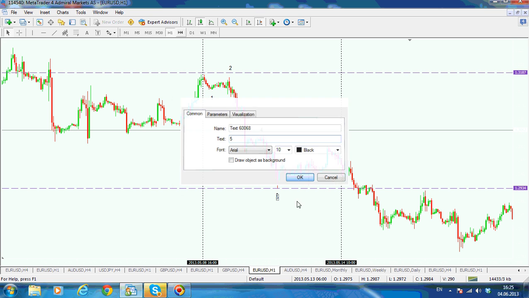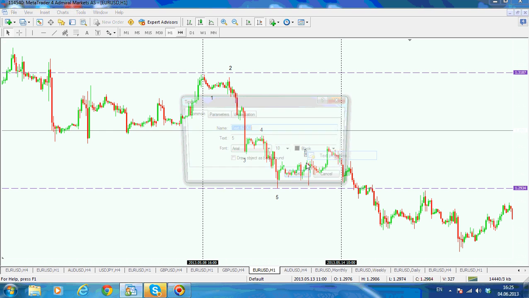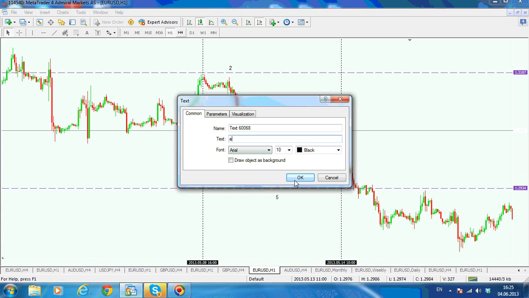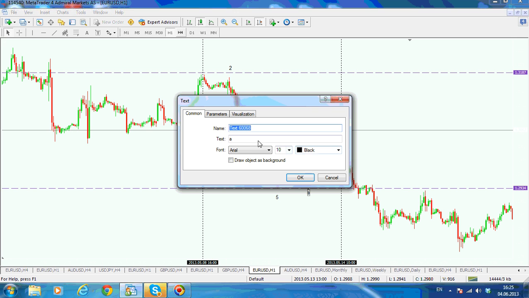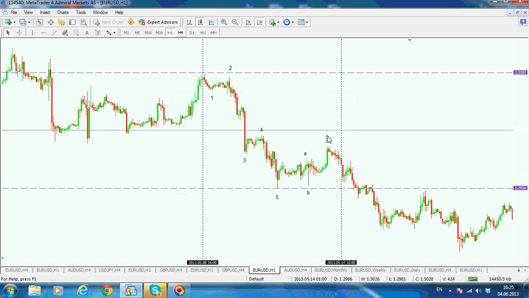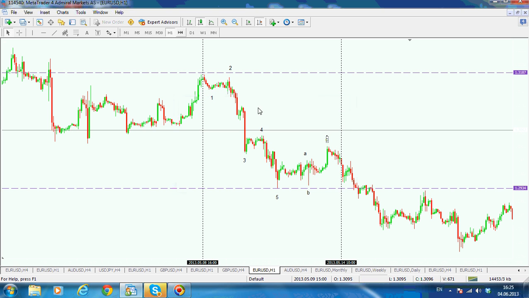So 1, 2, 3, 4, 5, 1, 2, 3, 4, 5 to the downside, and then you have a nice A, B, C. So A, B, and C. 1, 2, 3, 4, 5, A, B, C. So 5 waves to the downside now, and corrected with a nice A, B, C.